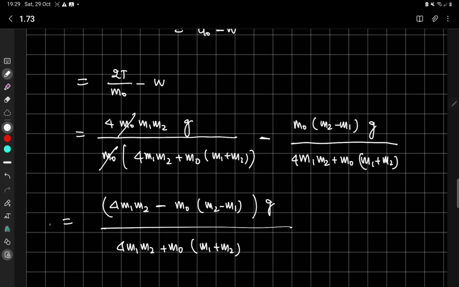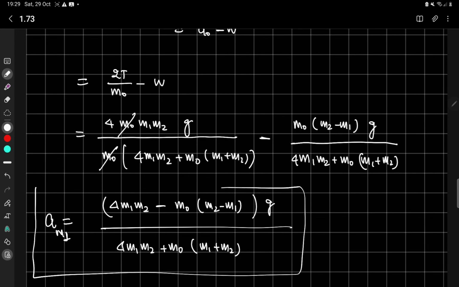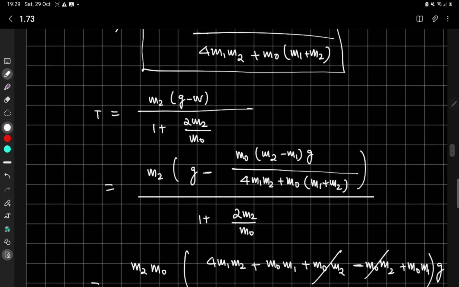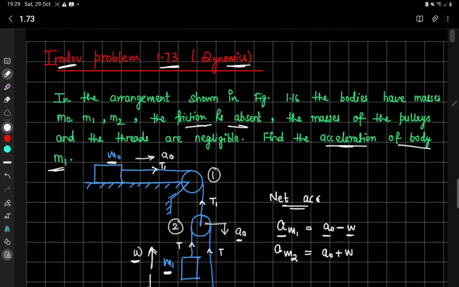So this is the expression of acceleration of mass m1. Okay, so I hope the entire procedure is clear. Thank you.